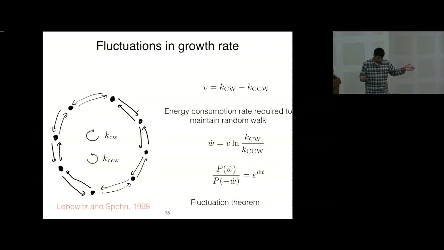Now, today morning, Anupam brought up this notion of a cumulant generating function or a large deviation function. So if I take this probability distribution P and consider its appropriate effectively Legendre transform, I can go to a different basis and I can construct the cumulants of this fluctuating quantity W, and it turns out that this fluctuation theorem reflects a fundamental symmetry in that cumulant generating function.